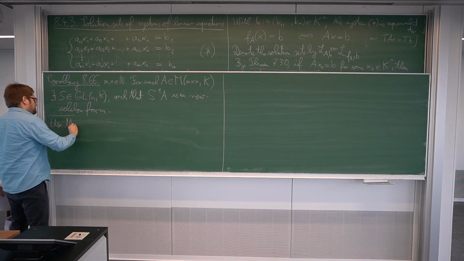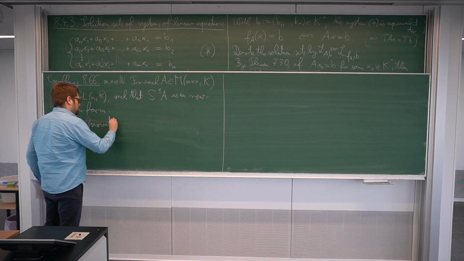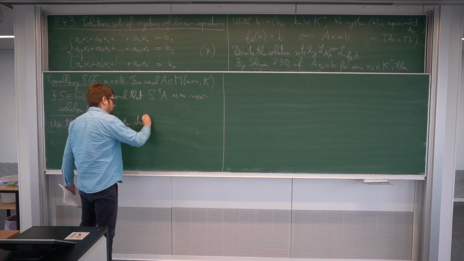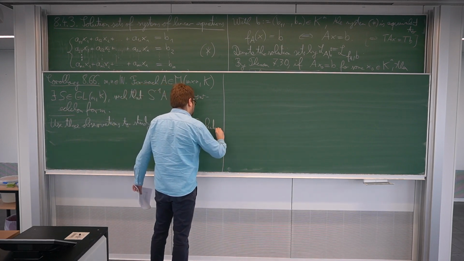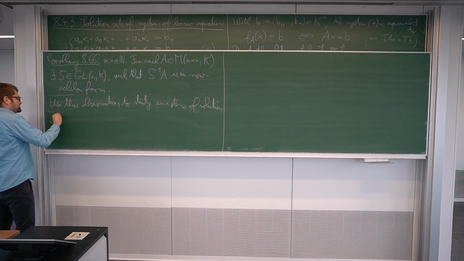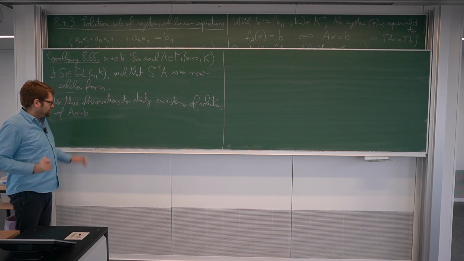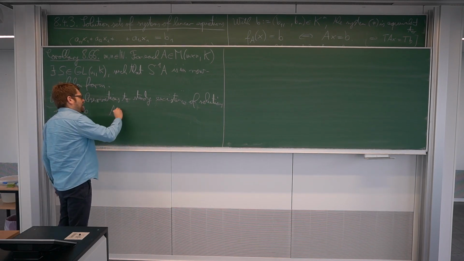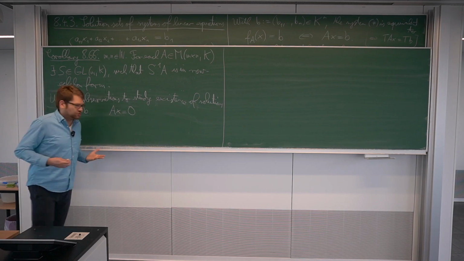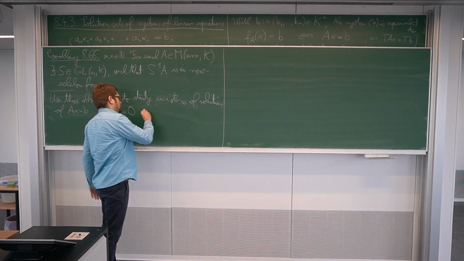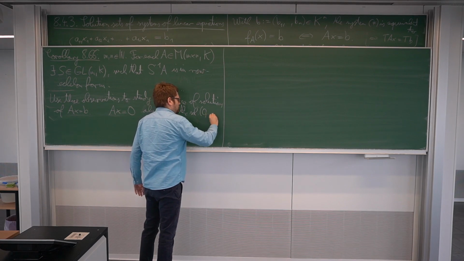Just to summarize, we use these observations to study, in general, the existence of solutions of such a linear system, in our shorthand form AX is equal to B. Now, for existence of solutions, if we have a homogeneous equation, so B is equal to 0 everywhere, so AX equal to 0, this always has a solution, namely the trivial solution 0, 0, 0, 0, 0.